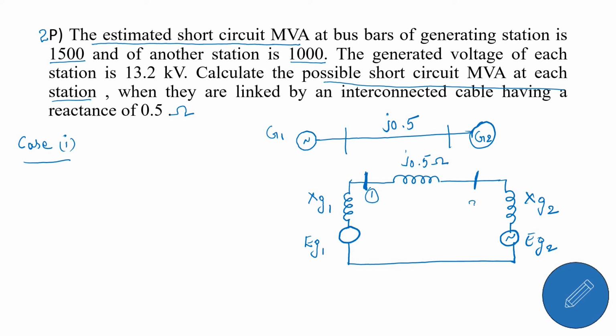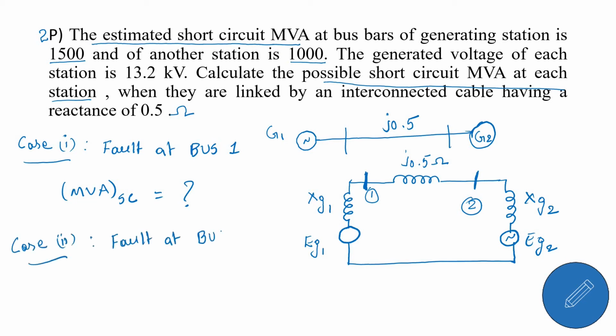Case 1 is a fault at bus 1, and we find the short circuit MVA. Case 2 is a fault at bus 2, and we find the short circuit MVA with respect to that. These two things we need to find out.